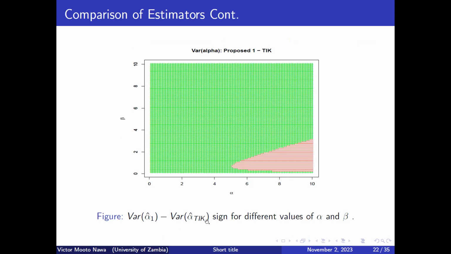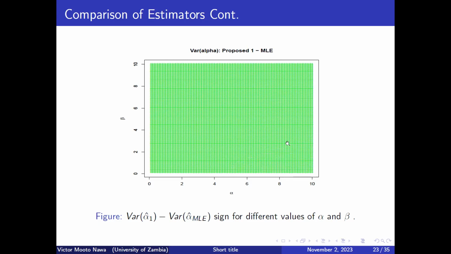Again, we look at the signs, the positive signs and the negative signs. And what we note here is that our proposed estimator is more efficient than the TIK estimator in this particular region here. So those are small values of beta and larger values of alpha.